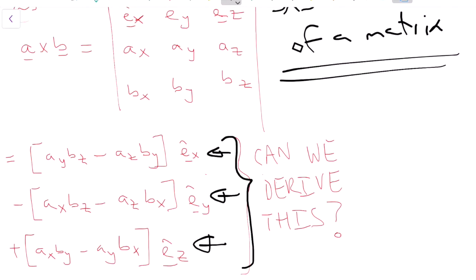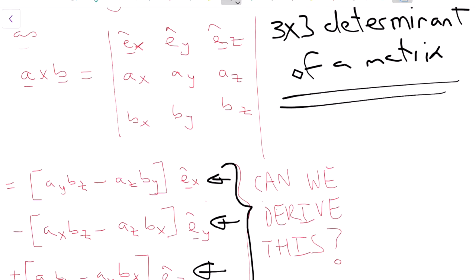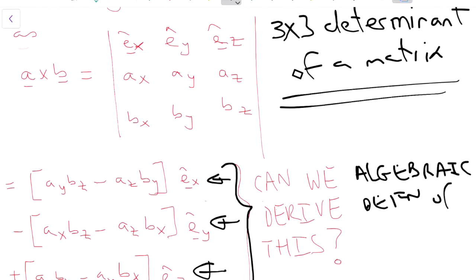The question is now, can we derive this, which is the algebraic definition of the cross product? Can we derive this from our geometric definition? How are they related?